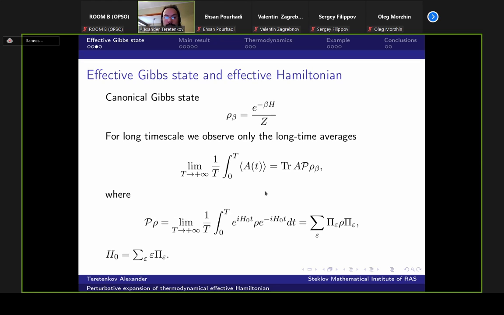It could be written as this average, or as this sum in terms of eigenprojectors of the free Hamiltonian. In this situation, it is clearer that it is averaging, and in this representation it is clearer that it is a projector.